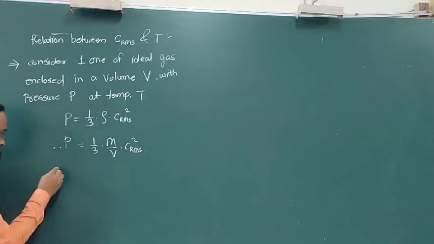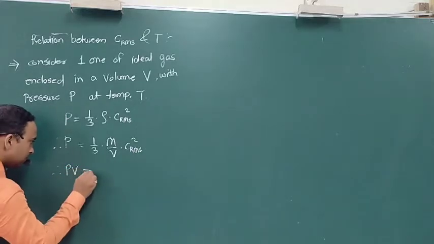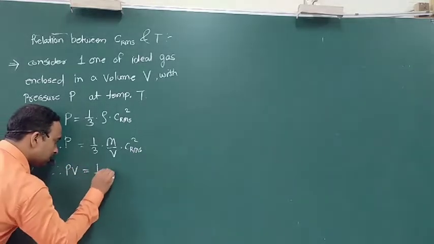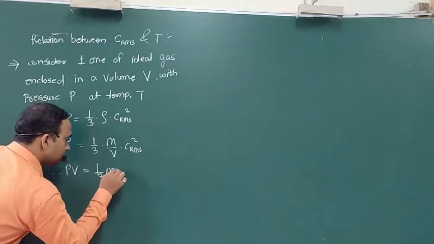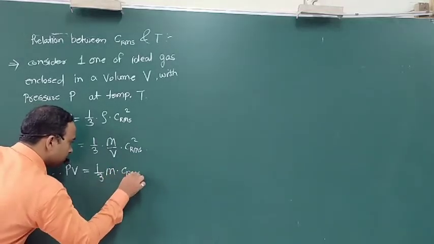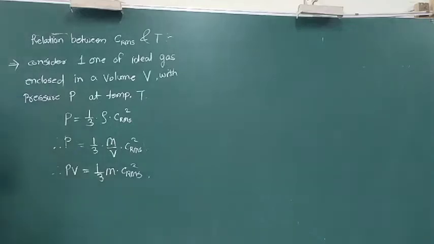Okay, therefore PV is equal to 1 by 3 m into C RMS square.